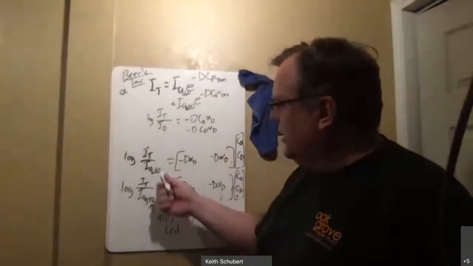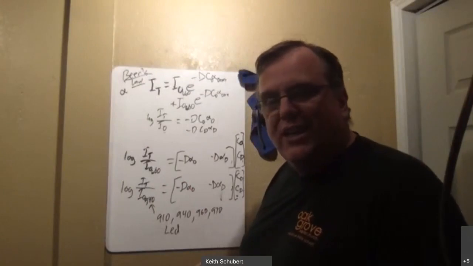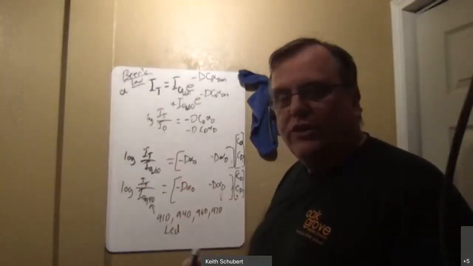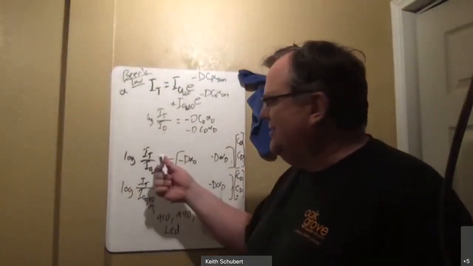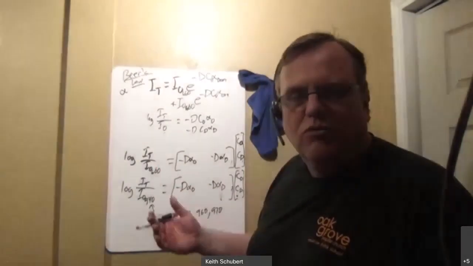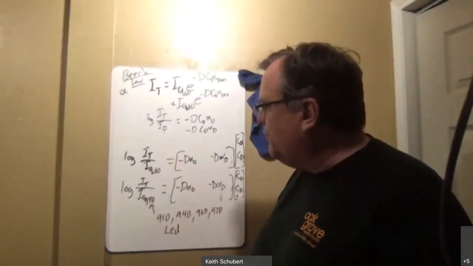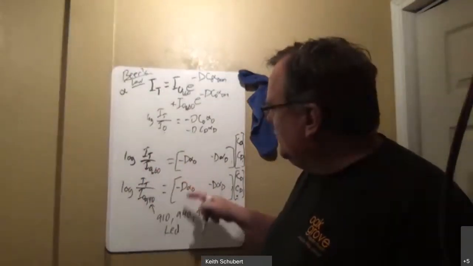And similarly, 660 is pretty common because it's red. So if you buy a red LED, it's really good for doing this ratio up here. But you can do something that's just inside, 700, 710, 720 are pretty common values used. I've seen 740. So again, for this one, it doesn't exactly have to be here.